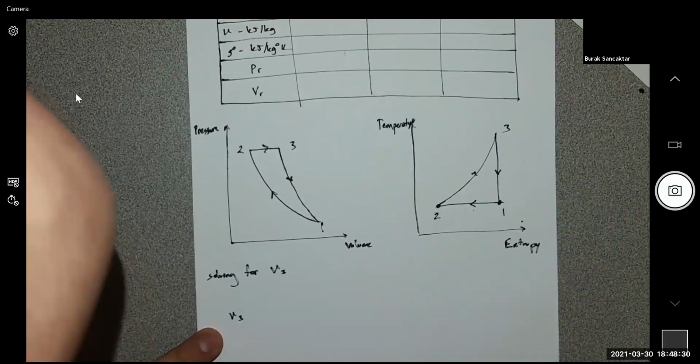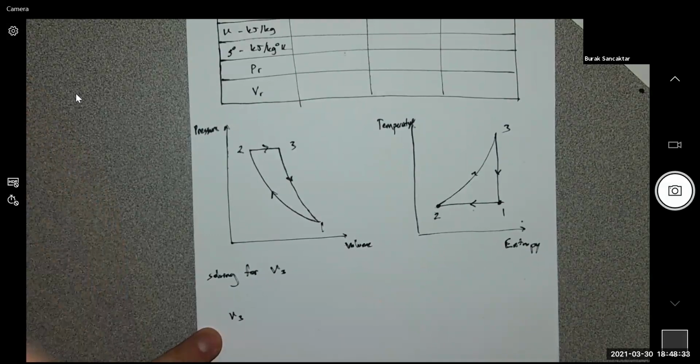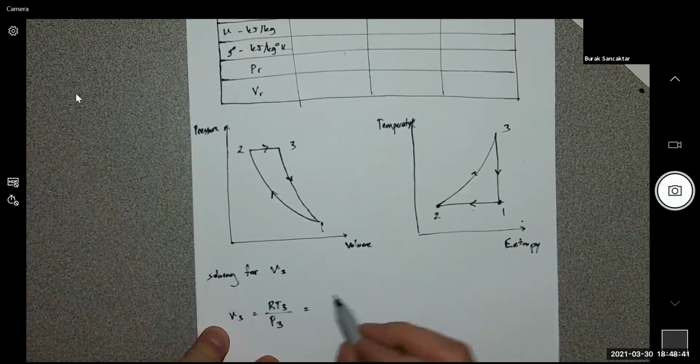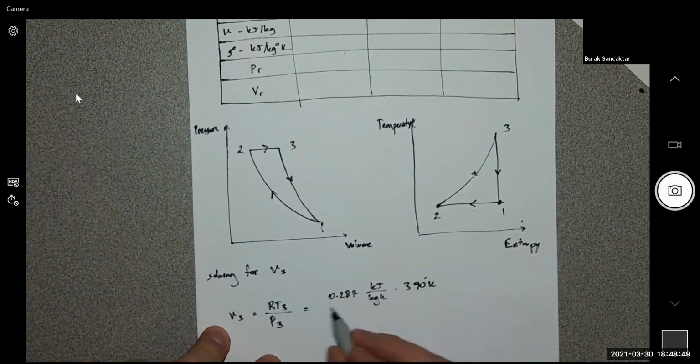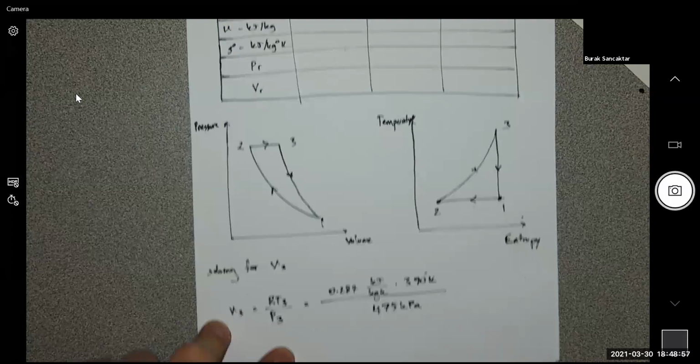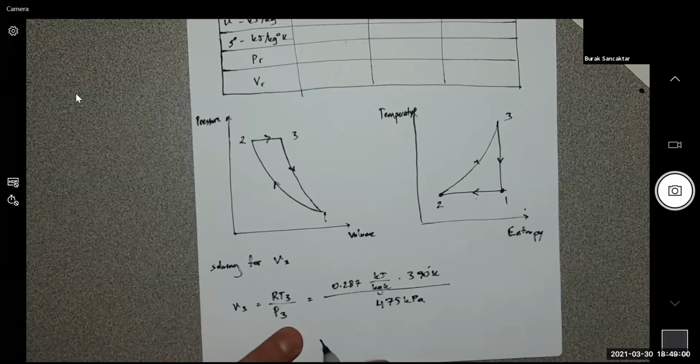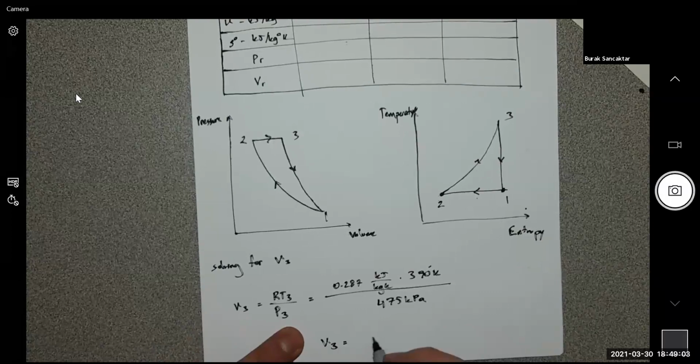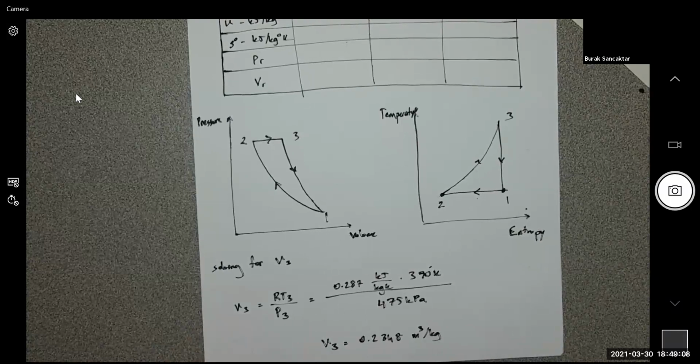Specific volume at state 3 equals R T3 over P3 equals, I know my R, 0.287 kilojoules per kilogram Kelvin times temperature is 390 Kelvin over pressure is 475 kilopascal. From here, specific volume can be found as 0.2348 meter cubed per kilogram.